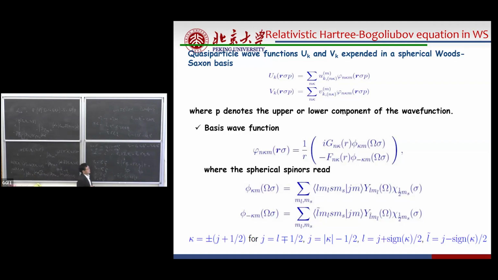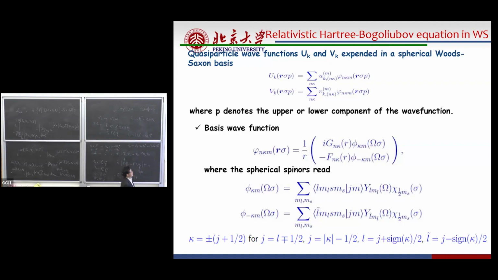Then for the deformed case, we use the solution of the Dirac equation, and we expand the wave function of the deformed case in terms of the Woods-Saxon basis. This Woods-Saxon basis is spherical, that is the expansion.